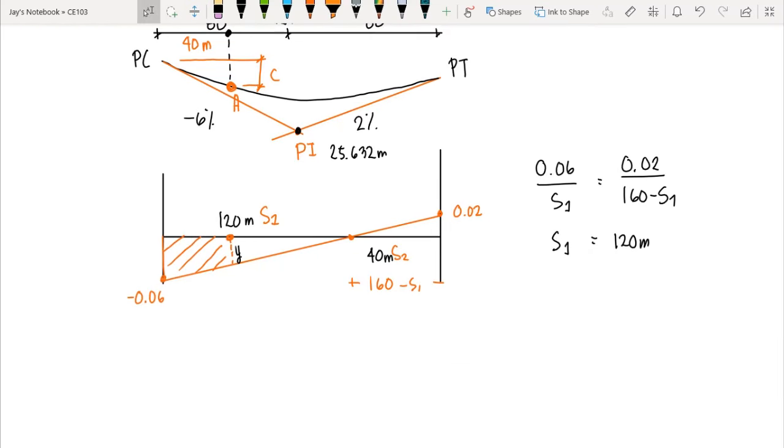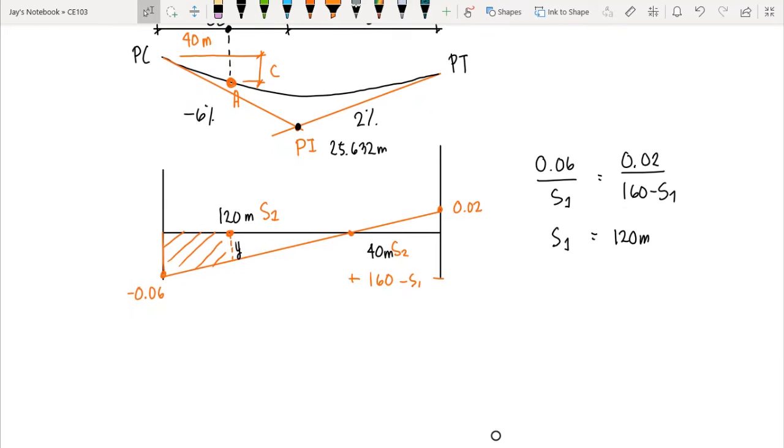So we have ratio and proportion again. We would have 0.06 over 120 equals Y over, now this distance is equal to 120 minus 40, because we know that our Y is located 40 meters from PC, correct?